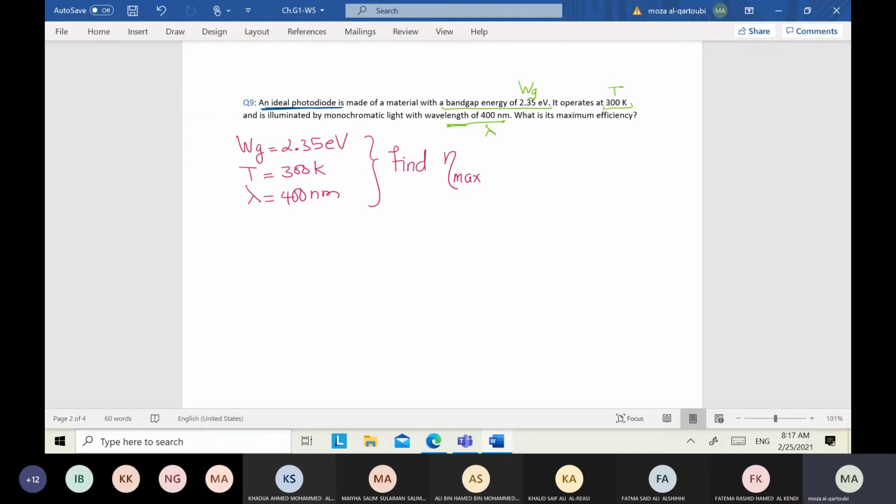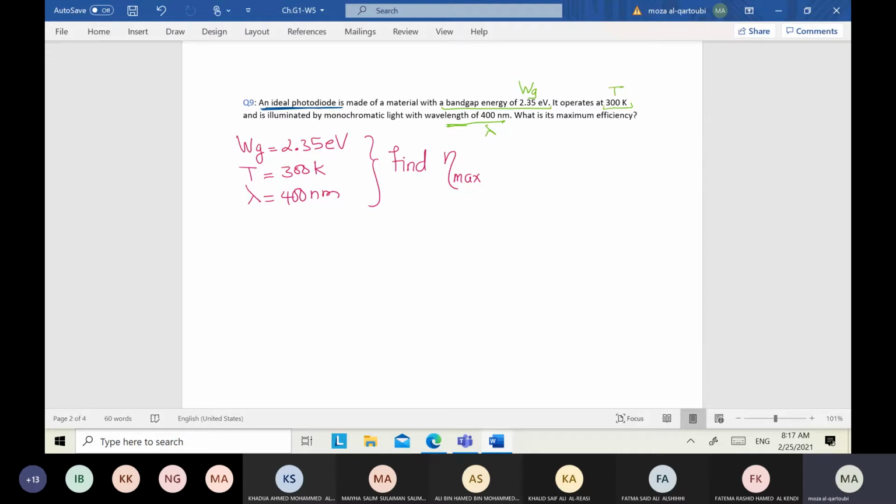So if you find it as power, it will be power output to power input. If you use energy, it will be energy output to energy input. If you use any quantity, it should be the same quantity as output with respect to input. Okay, this is in general. So efficiency in general will be the output quantity divided by input.